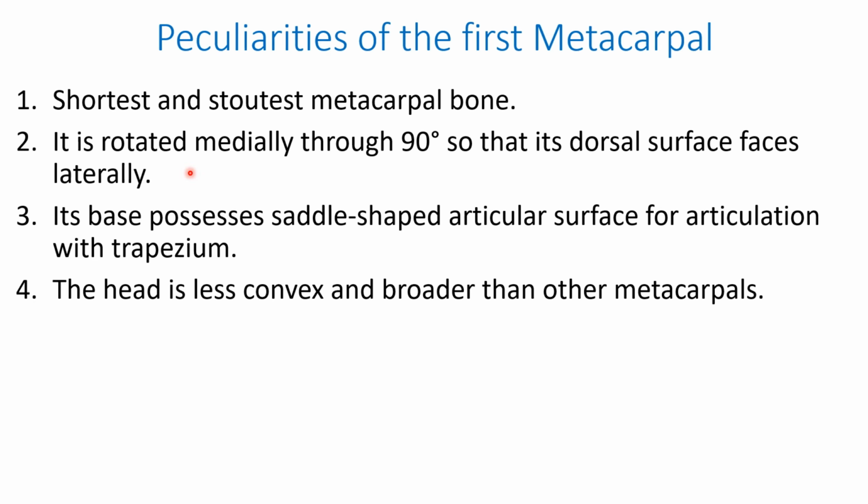So these are some of the features. Number 1, it is the shortest. Then it is rotated medially through 90 degrees so that its dorsal surface faces laterally. Then its base possesses a saddle-shaped articular surface. Then the head is less convex and broader than other metacarpals.